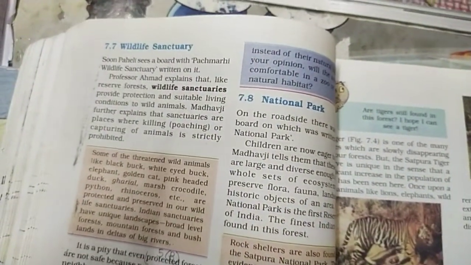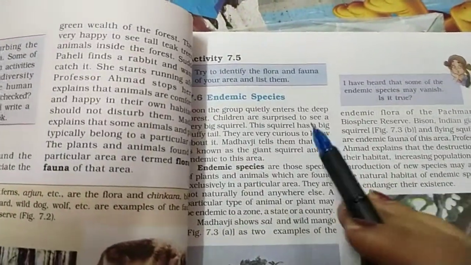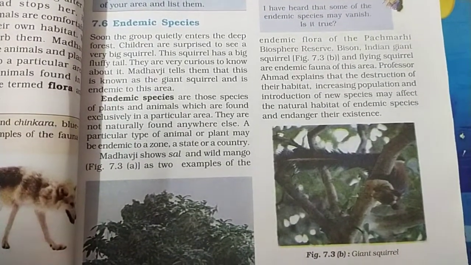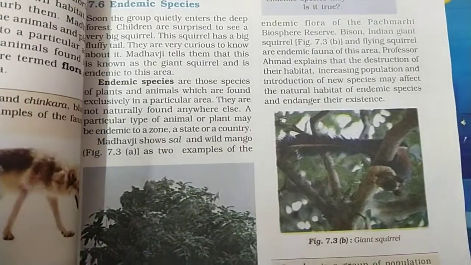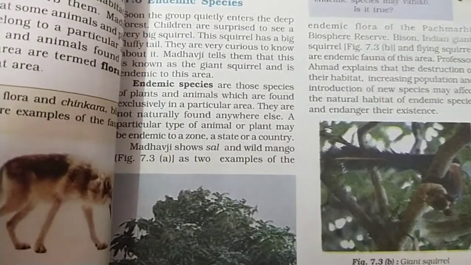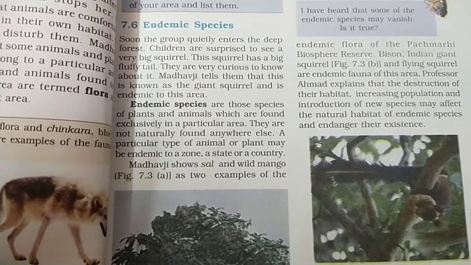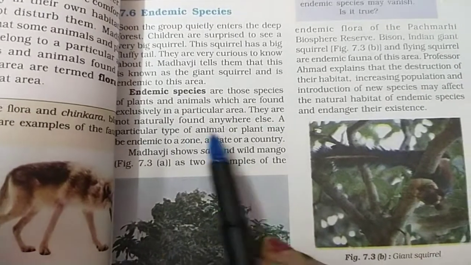So the first topic for today's video is endemic species. Endemic species are those species of plants and animals which are found in a particular area only. They belong to that particular area; they are not naturally found anywhere else.